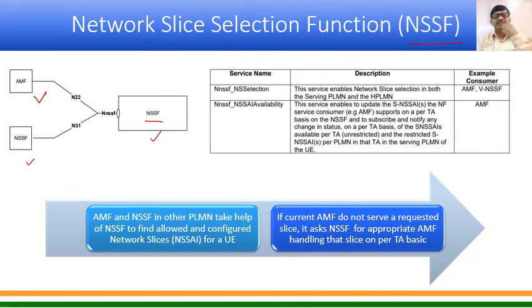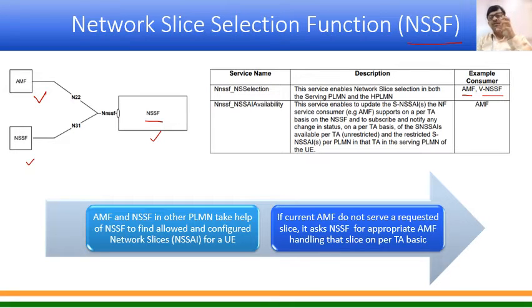What are those services being offered by NSSF? The first service will be consumed by AMF and the other operator or visited network slice selection function. So this service enables network slice selection in both the serving PLMN and HPLMN.